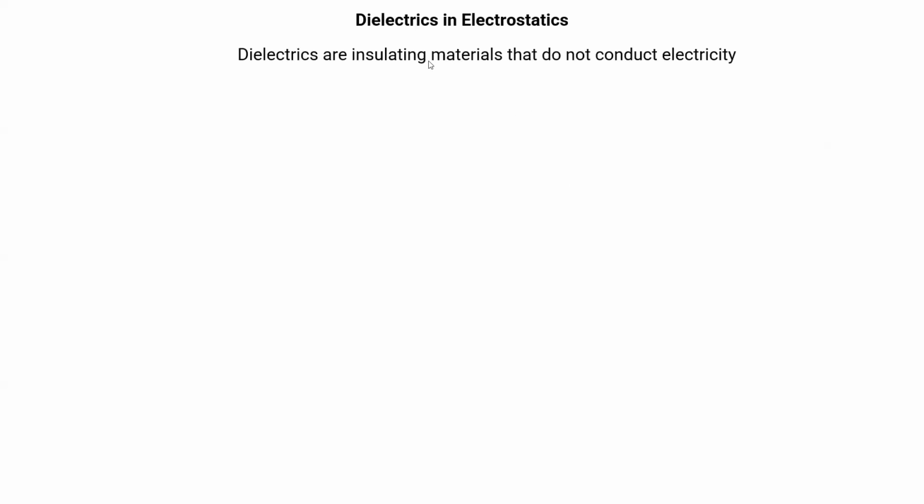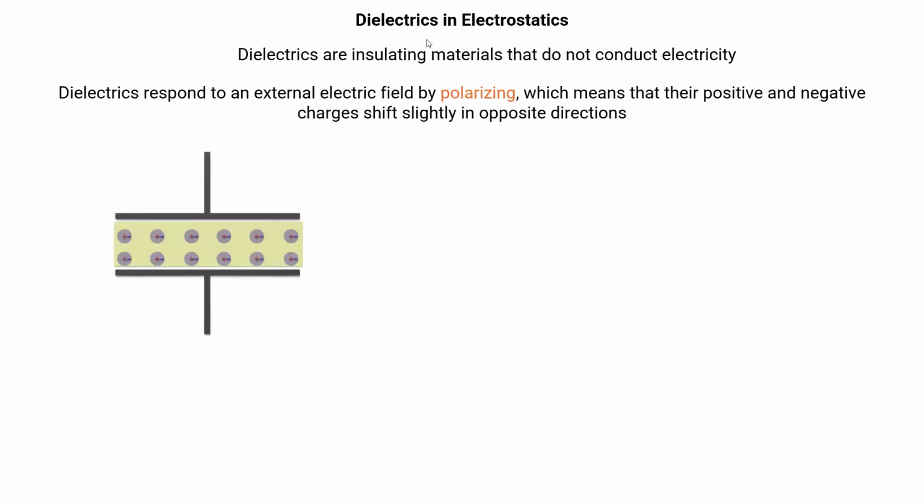Before talking about capacitors, let us talk about dielectrics and metals and conductors in an electric field, starting from dielectrics. So what's happening when we apply an electric field to a dielectric? When we take a piece of dielectric, which is described by the fact that it has no free charges, dielectrics cannot conduct electricity, which means that they have no free charges.